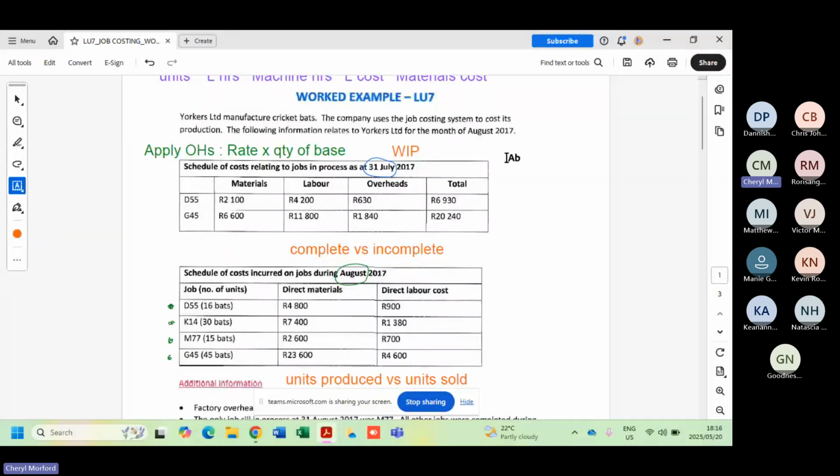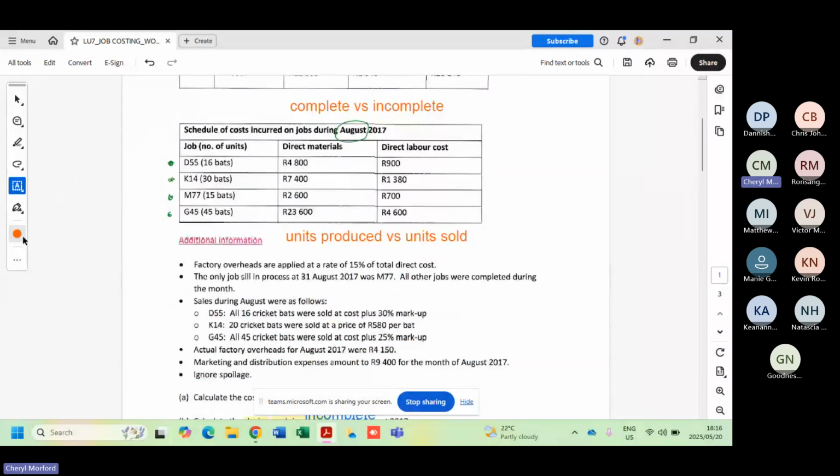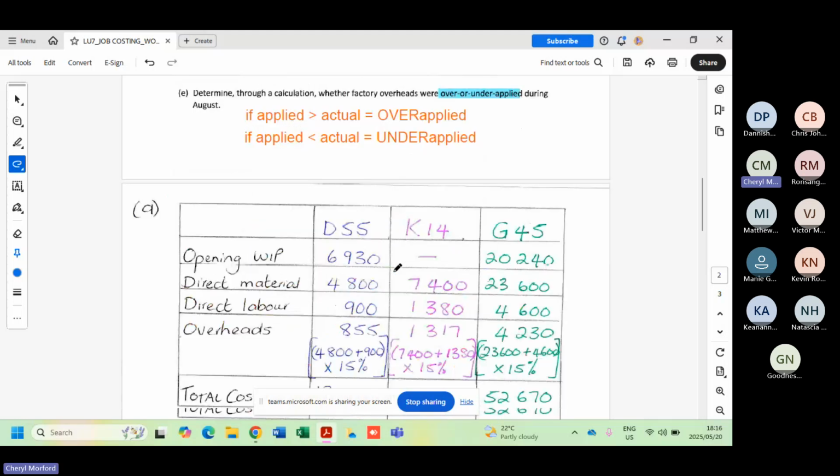Okay. Then we've got to see which ones are finished. So we're going to have a look down here. And it says here, the only job still in process was M. All the other ones were finished. So now this is going to give us a bit of a clue. So M is the incomplete one.